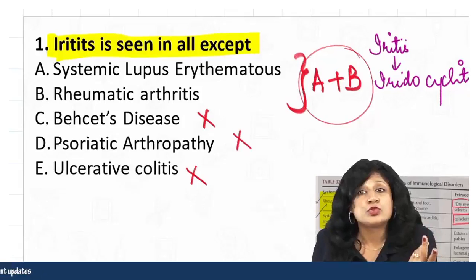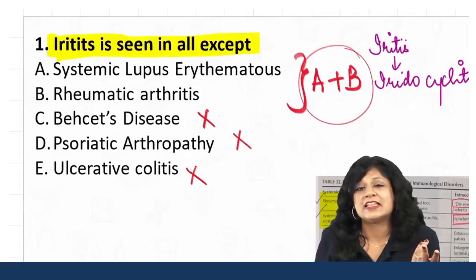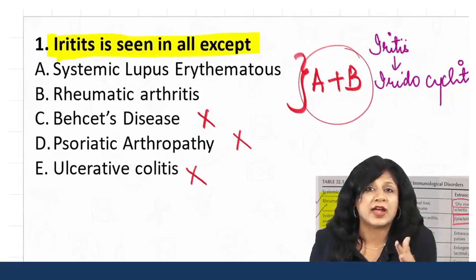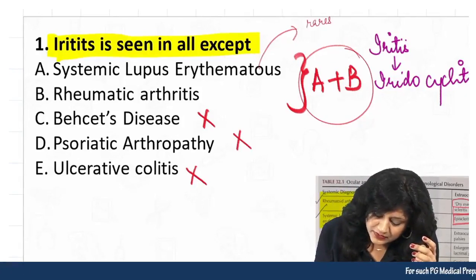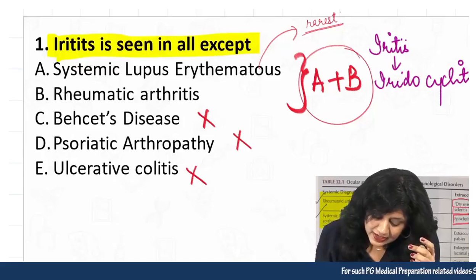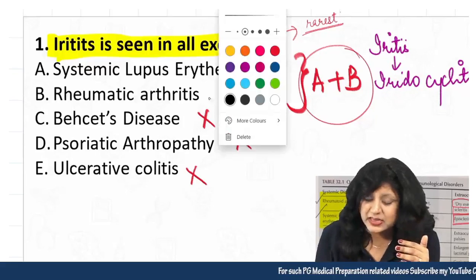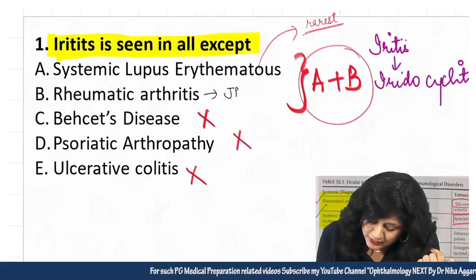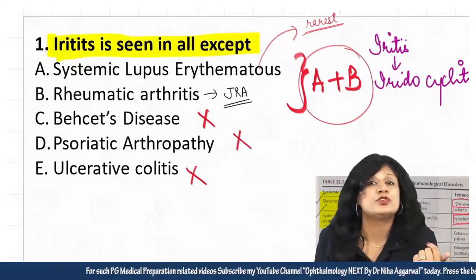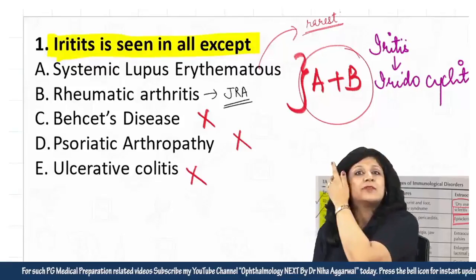Now, if I have to choose one, suppose they say you have to select one, then go with SLE. This is the rarest; the rarest to get iritis is in SLE. Rheumatoid arthritis, I am considering because at least it is common in the juvenile form. So that's why I'm giving a grace.